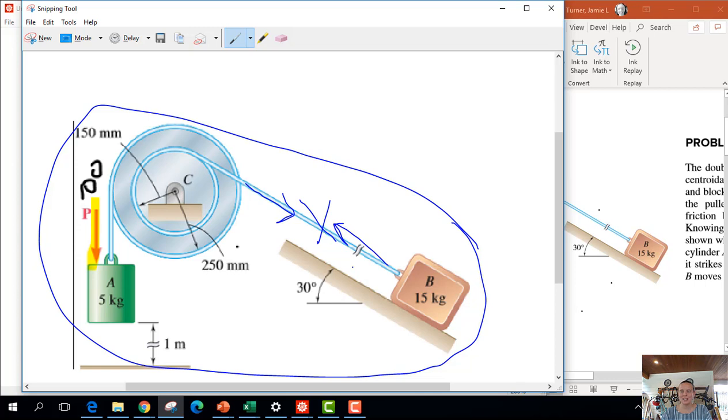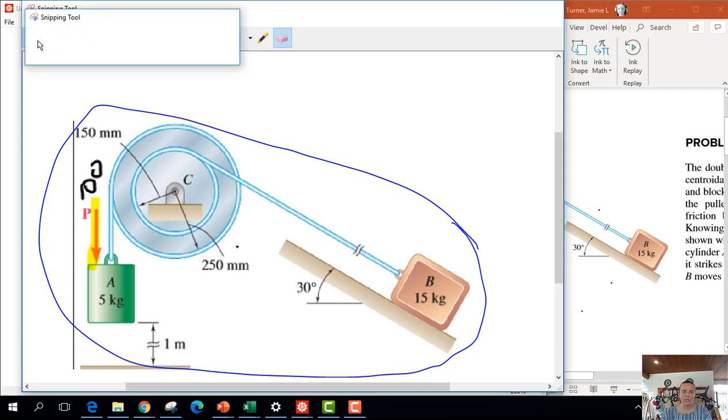I know the tension is part of it, and we'll do a force balance to get that, but for now let's just do the simplest case where we add everything together and not add the tensions. There's enough to worry about already. I'm not going to worry about the tension in here because that's internal to the system.